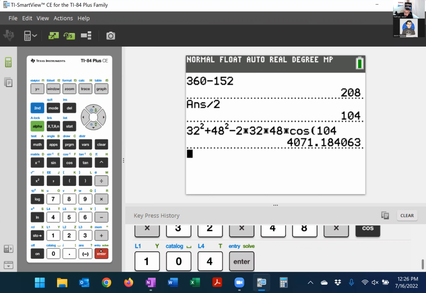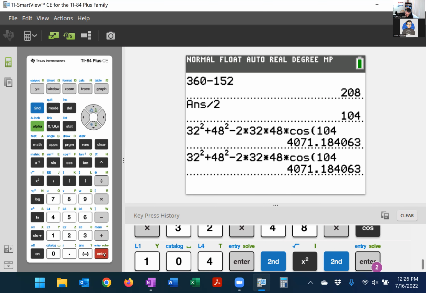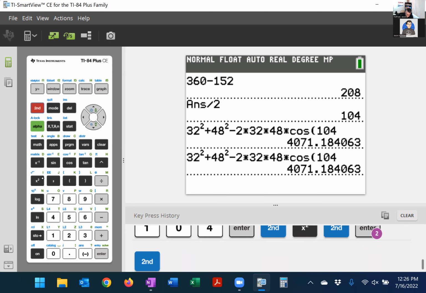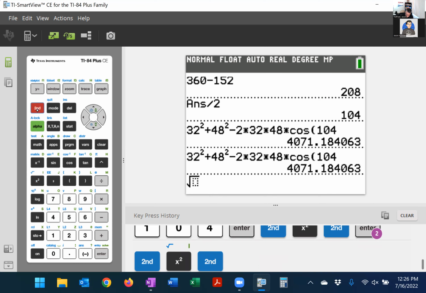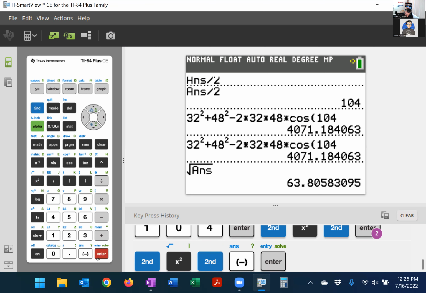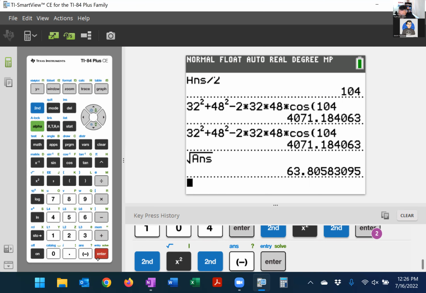And I'm getting 4071.2. Square root that bad boy. Second square root, second answer, and it's about 63.8 newtons.